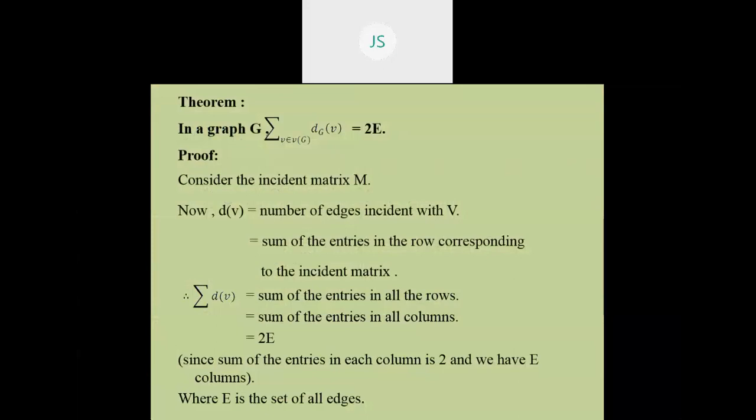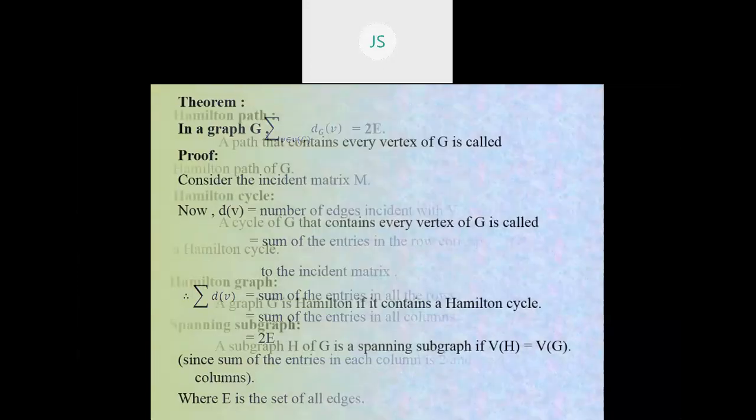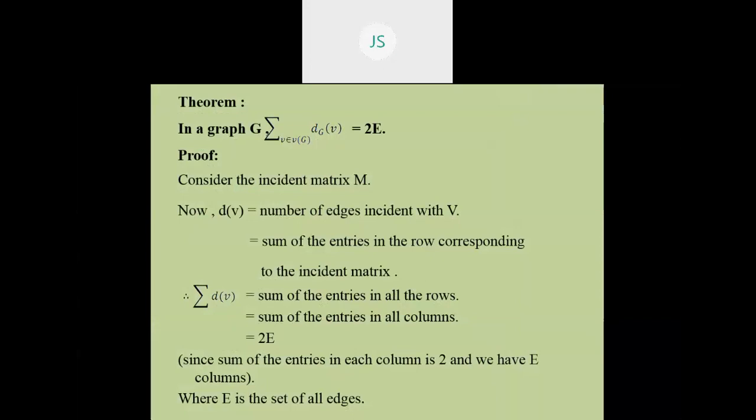When we sum all these entries, sigma D of V is equal to the sum of the entries in all the rows, which is also equal to the sum of the entries in all the columns. That is equal to 2 into the number of edges, since the sum of the entries in each column is 2, and we have E columns, where E is the set of all edges. So from this we can prove that the summation of degrees of all the vertices is equal to 2 into E.